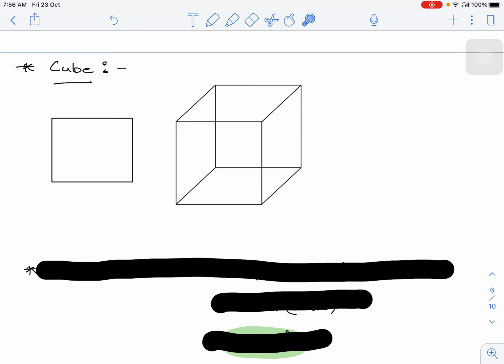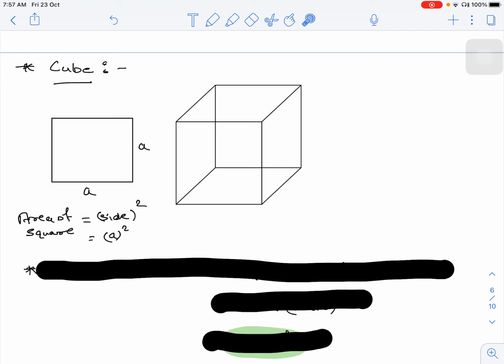It means that if we consider that the value of this side is A, then this will also be A. And if you want to find the area of one square, what is the formula? It is side square. That is, for this one, we can write it as A square.